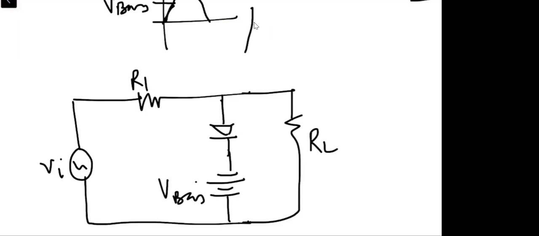This means that the diode is already in a situation where it is short circuited, or the switch is closed, right? And when the switch is closed, what will happen?